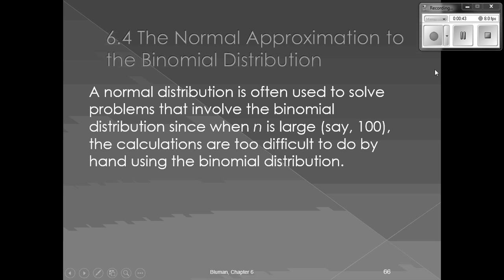Because those calculations become very difficult, they found out that the normal distribution actually works as a really good guide to estimating for the binomial.